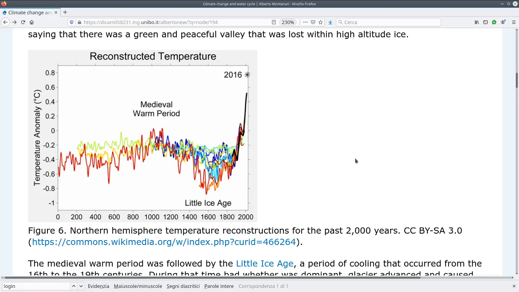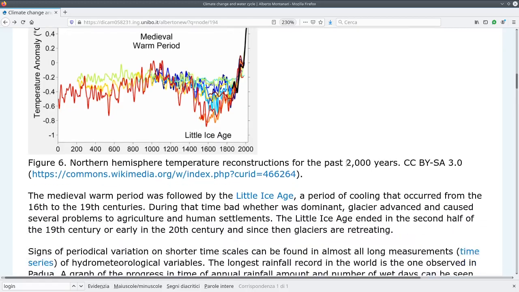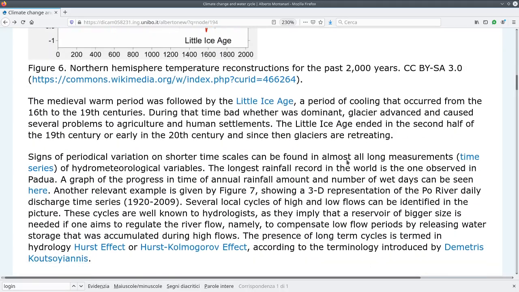So there is no explanation for the medieval warm period. There is no explanation for the natural part of the recent warming. If you look at the period 1750, 1850, there was already a warming which is not explained.